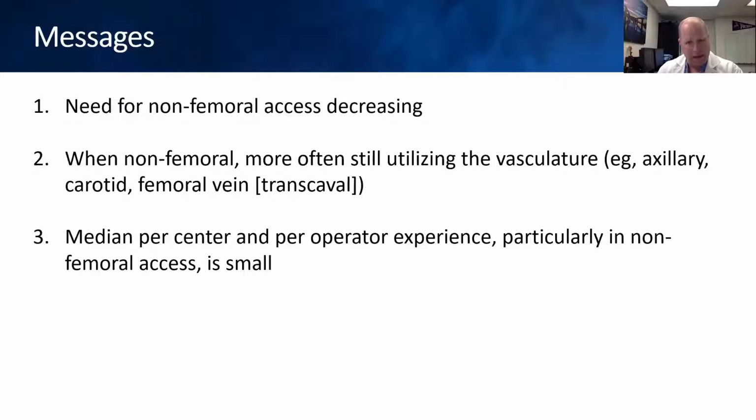So the need for non-femoral access is decreasing. When we are doing non-femoral access, you are still utilizing the vasculature primarily. But the median per center and per operator experience for TAVR from a non-femoral approach is really small.